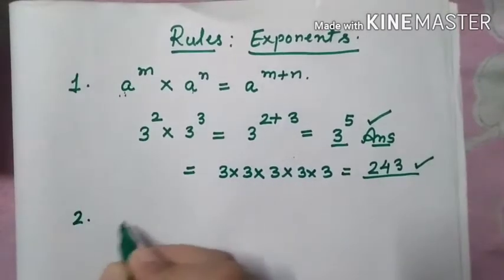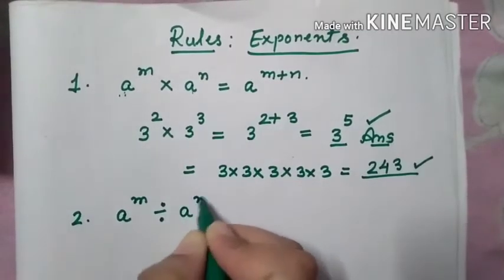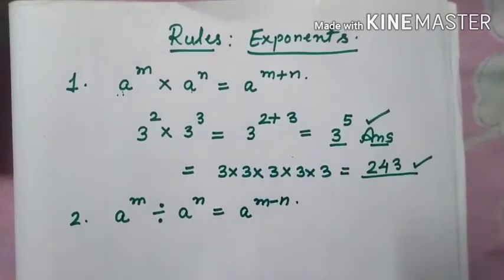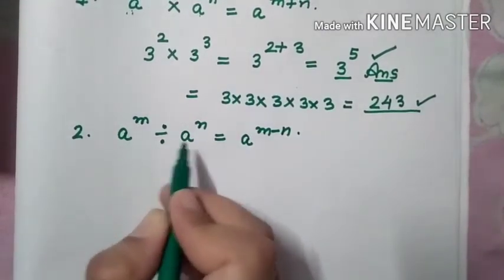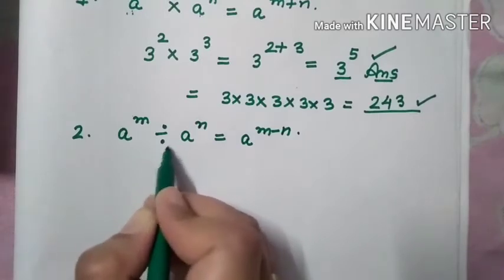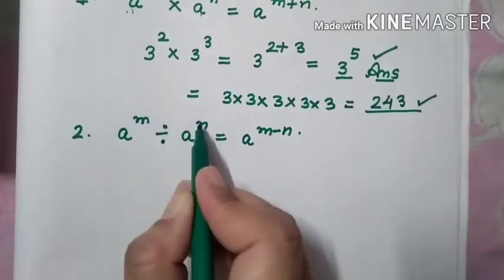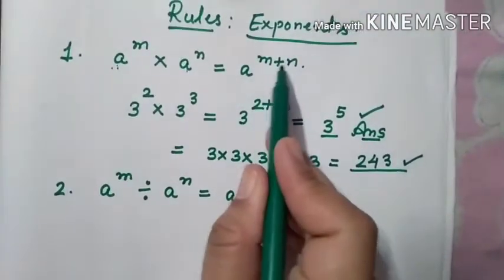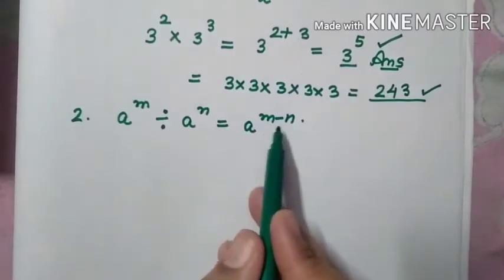Now the second rule is a raised to the power m is divided by a raised to the power n is equal to a raised to the power m minus n. If our base are same and there should be divisible by each other, then we have to subtract their powers. When we have multiply sign, we add the powers, and we have sign of divide, then we have to subtract the powers.